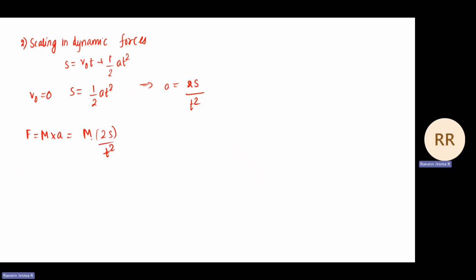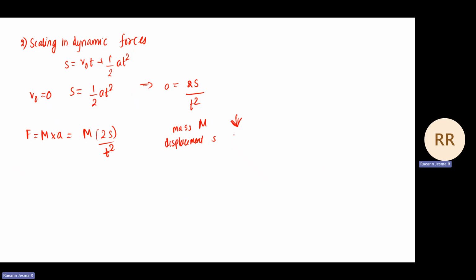So as we decrease the size, there are two important things which will change. One is the mass, and there is also a chance that the displacement s will also change. So as we decrease the size, mass decreases, and the displacement depends on what kind of effects we are talking about.